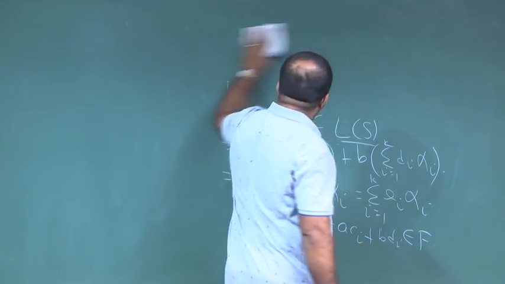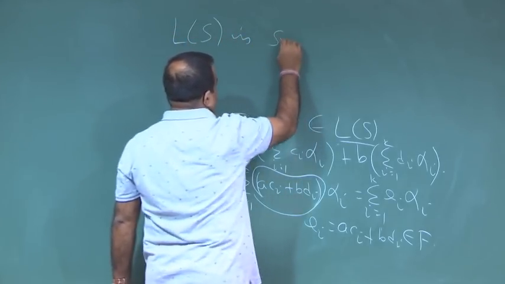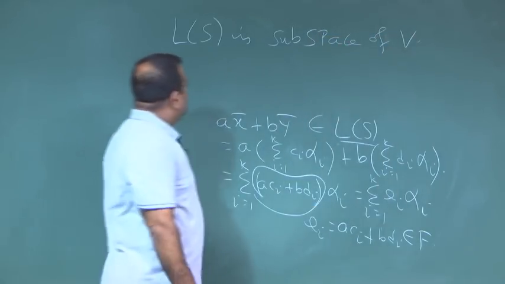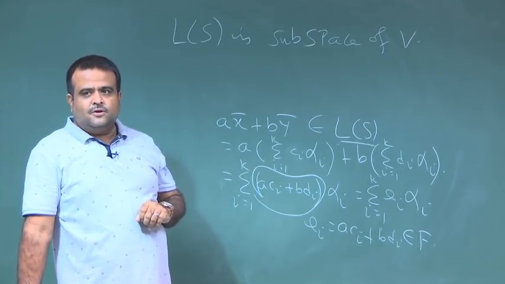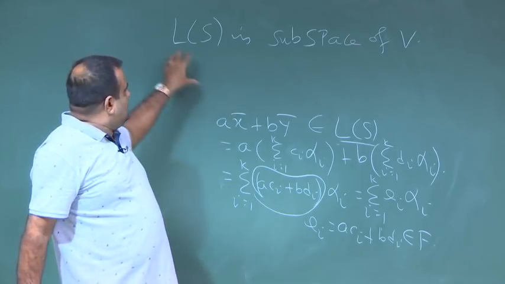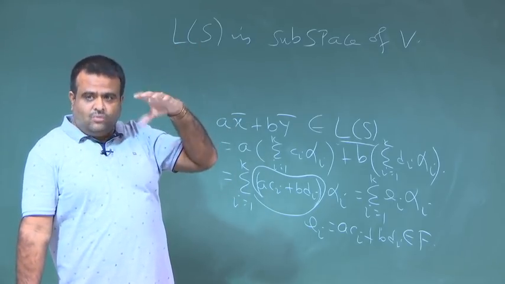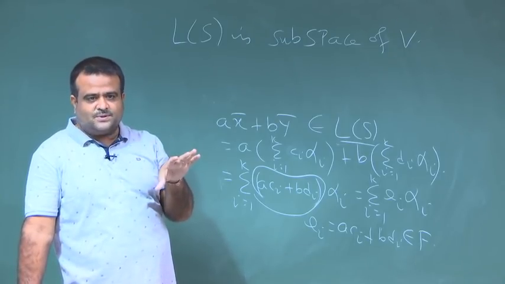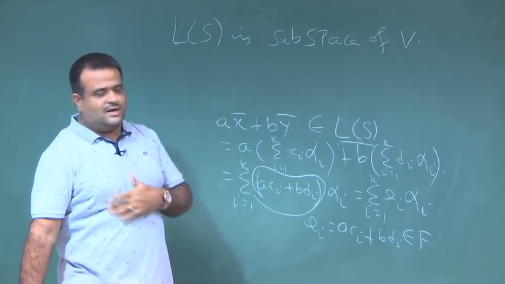So, L of S, the linear span of a set, is a vector space, it is a subspace of V. This is the minimum subspace of V which contains S. Why minimum subspace? Because there is no other smaller subspace which can contain S. We can prove this by contradiction: if suppose there is a subspace containing S which is smaller than this, then we reach a contradiction.